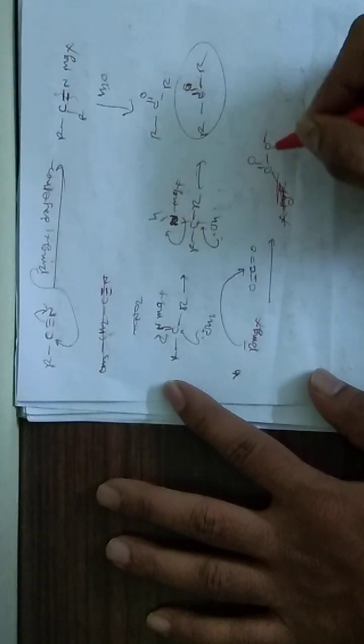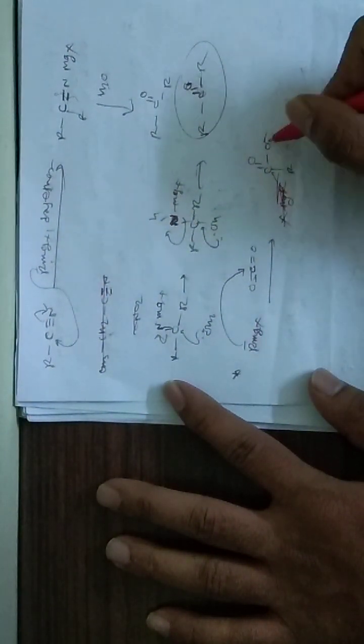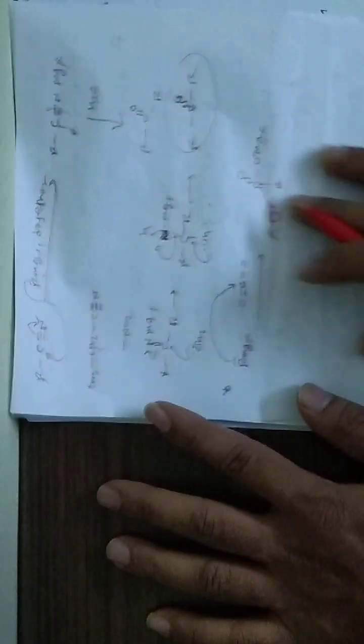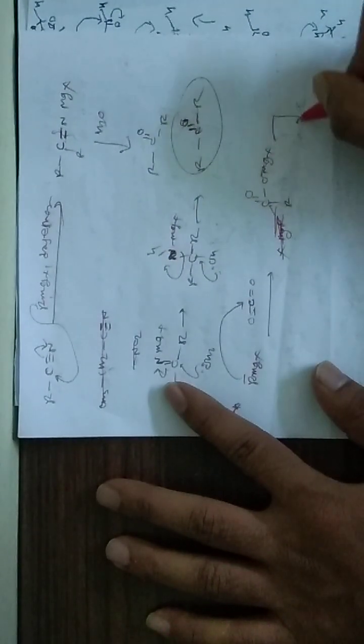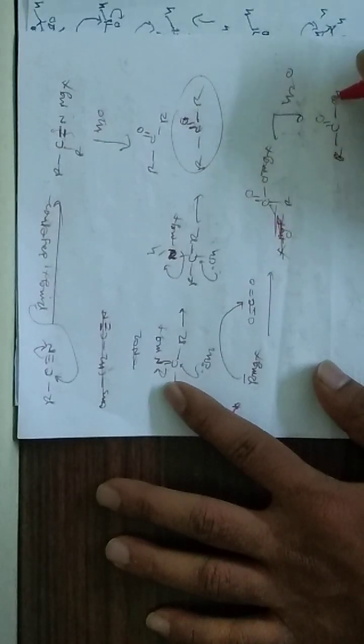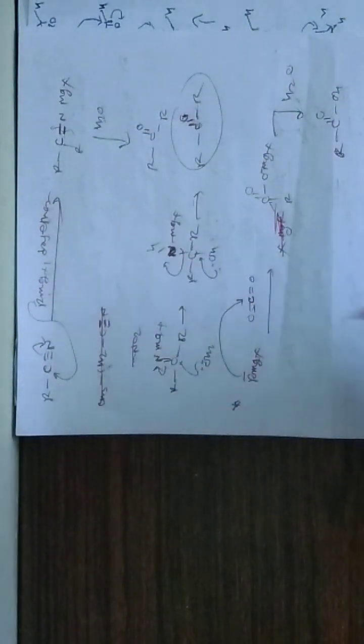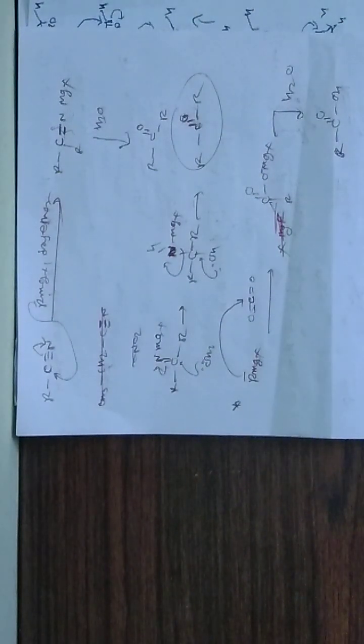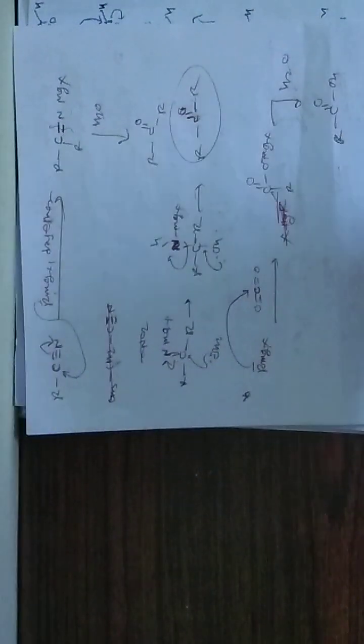Now if we add water, what will form? C double bond O, OH and R. So if you react carbon dioxide with Grignard reagent, it will give us a carboxylic acid.